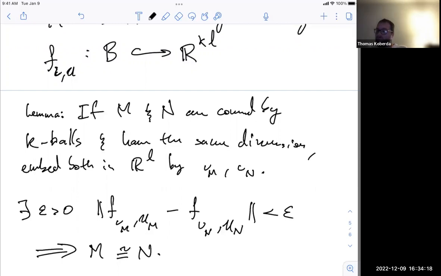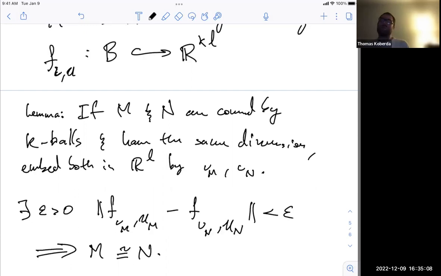Great. So what does this do? Well, this gives us a hook into trying to prove that the first order theory of the homeomorphism group of M determines the homeomorphism type of M. The challenge then is to produce all the pieces that make up this lemma, namely, how do you say that a manifold N is covered by K balls, how do you even express that N has a particular dimension, and how do you talk about balls anyway?